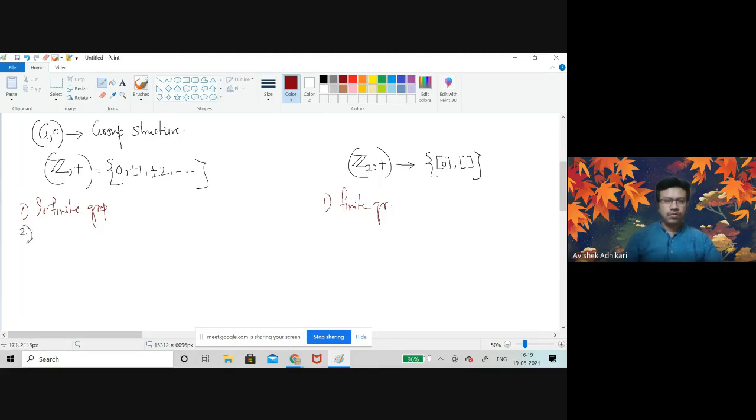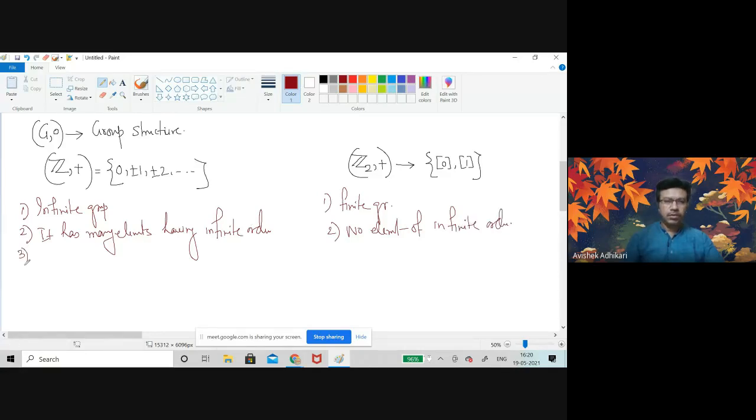Here there are elements having finite or infinite order. Here no element has infinite order.